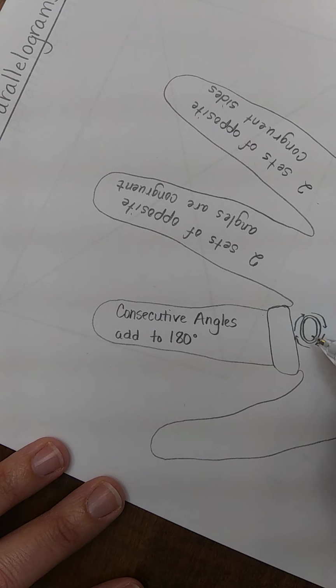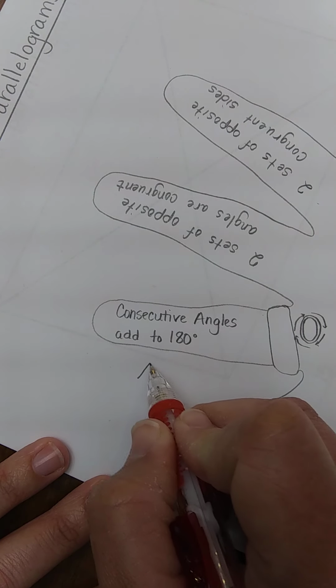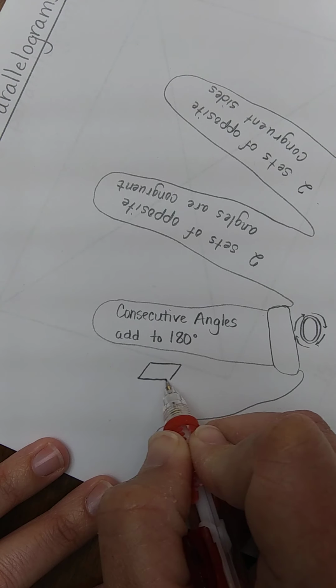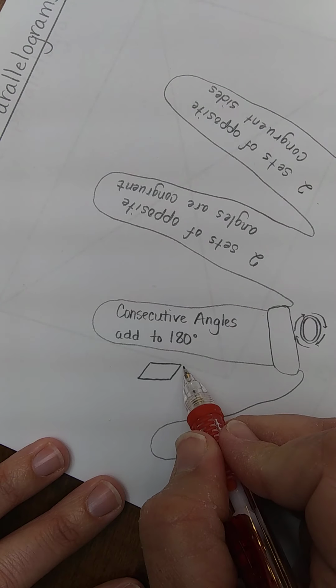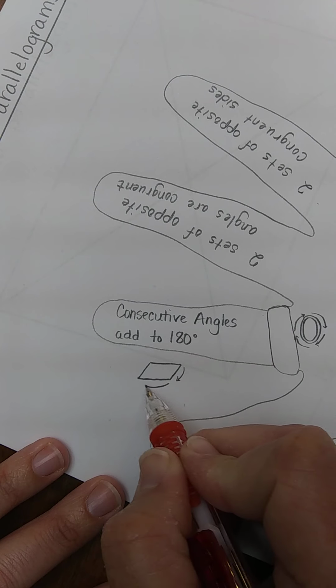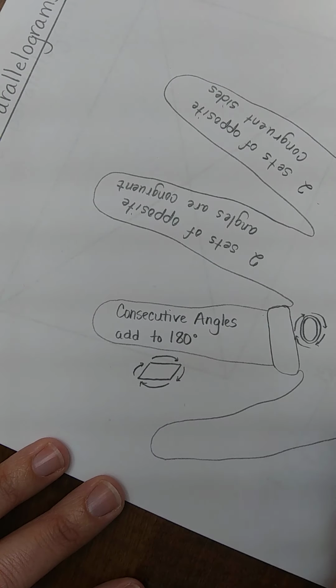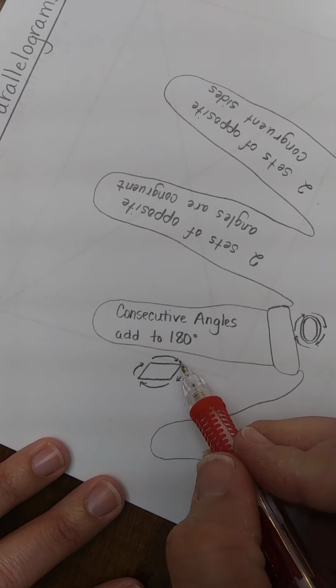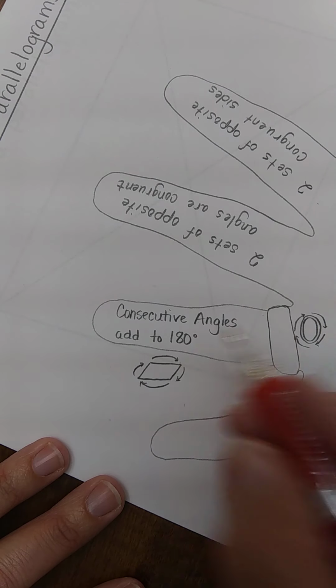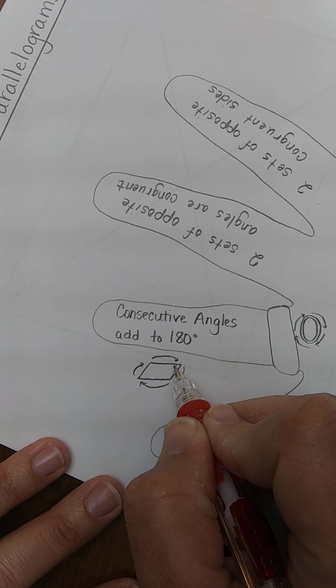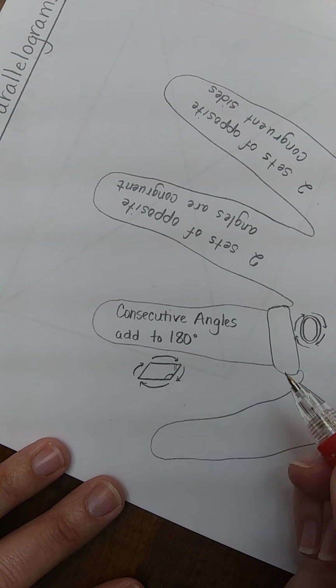So when you are thinking about your ring going around, what I'm referring to is, here is my parallelogram. As I go around that parallelogram, each pair that I am touching with that arrow is going to add up to 180. So let's say this angle right here is 80, then this one would be 100.